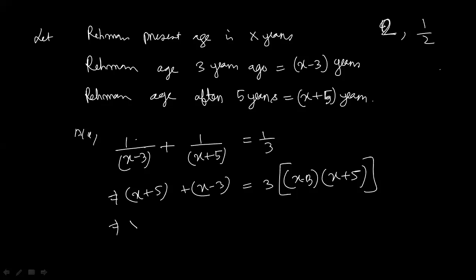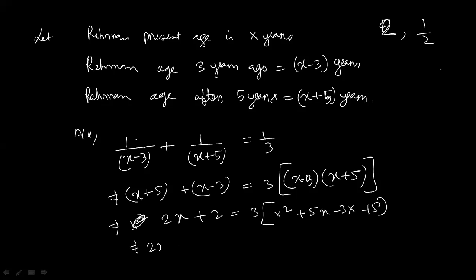So it will be 2x plus 2, and then x square plus 5x minus 3x minus 15, so x square minus 2x minus 15.